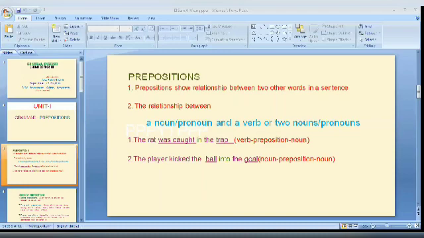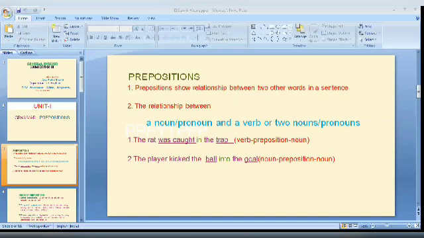So was caught is a verb and the trap is a noun. So in is constructing the relationship between these two. So this word is called as a preposition because it is forming the relationship between two words of a sentence. Here it is a verb and a noun.